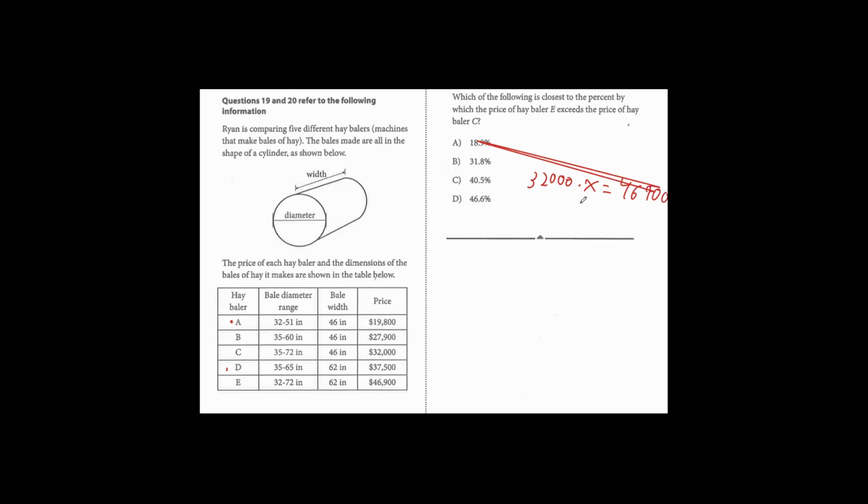I don't know why this is happening. Anyway, so this would just be 46,900 divided by 32,000, which is equal to 1.46, which is just 46%. If you subtract the 100%, because 32,000 times 1 would just be 32,000, and then times 1.46 is 46. So the correct answer is 46%, so the correct answer is D.